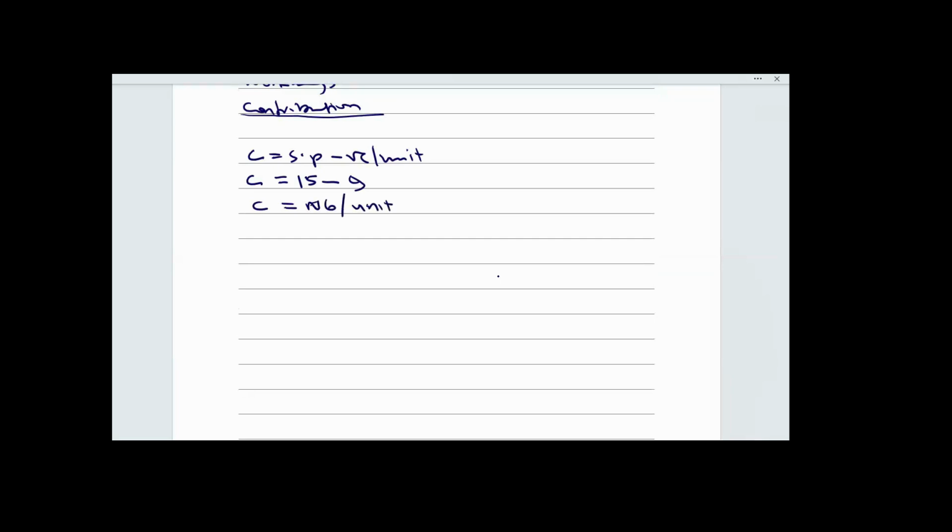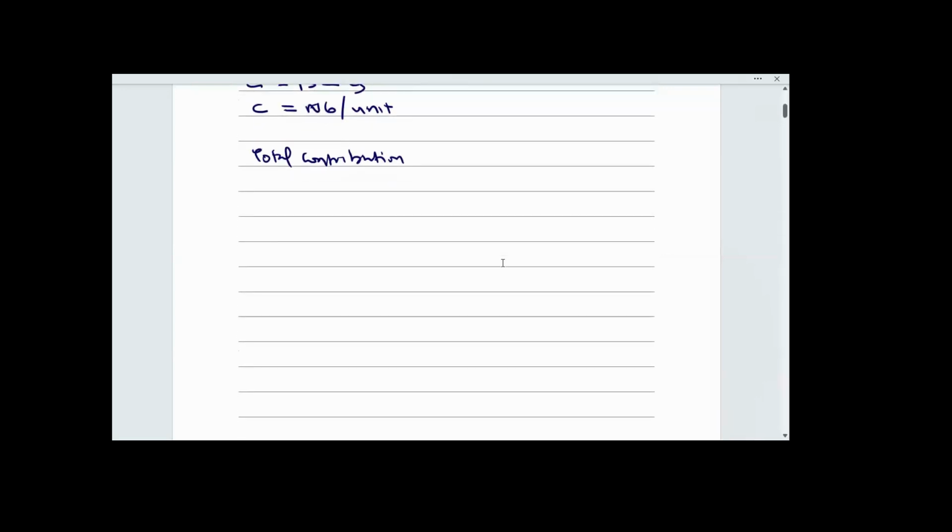Then we determine total contribution. So we have the sales volume, we have the contribution per unit, then we have the total contribution.